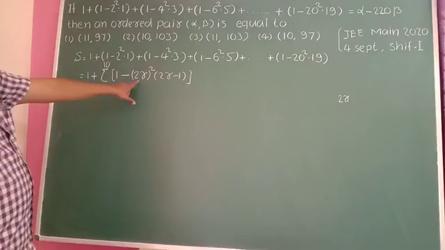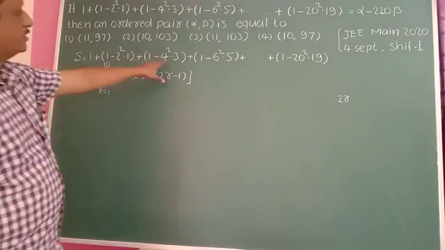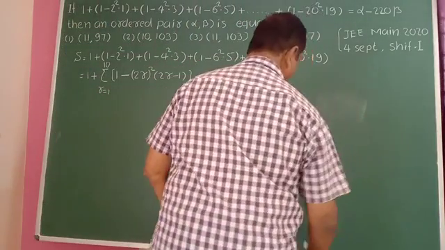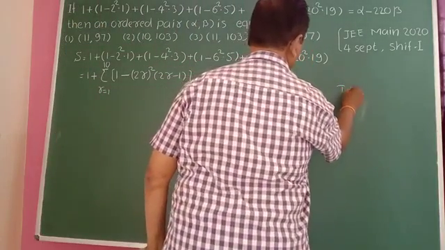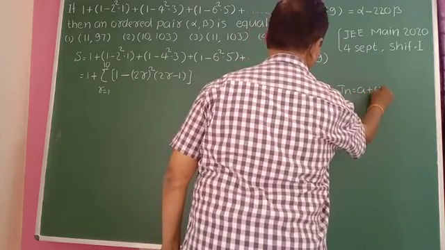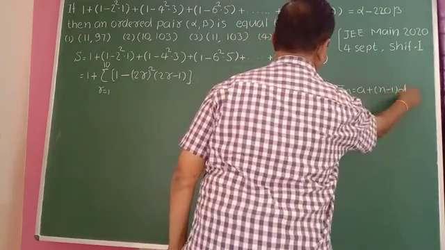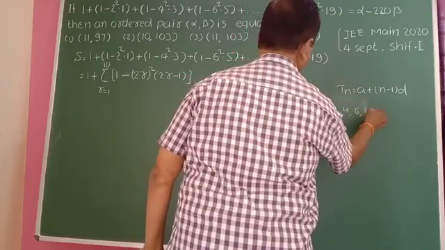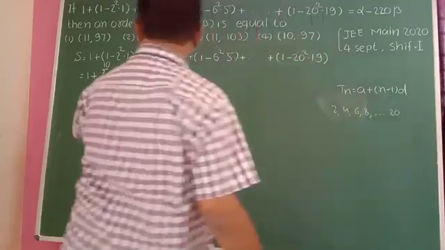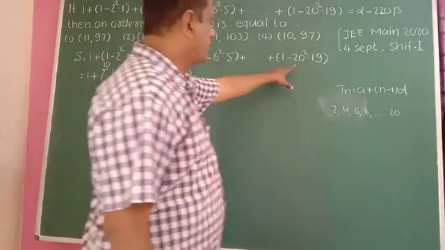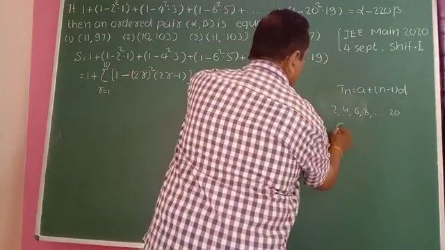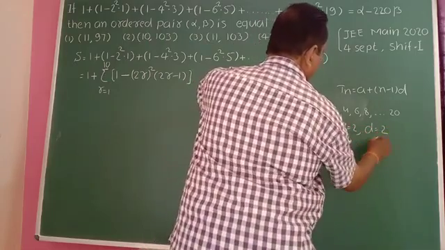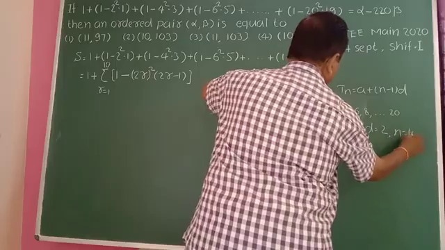So (2r)² gives 2², 4² and so on. Otherwise, you can use this formula also: Tn is equal to a + (n − 1)d. For 2, 4, 6, 8 up to 20, a is equal to 2, the difference is 2, and the total number of terms is 10.